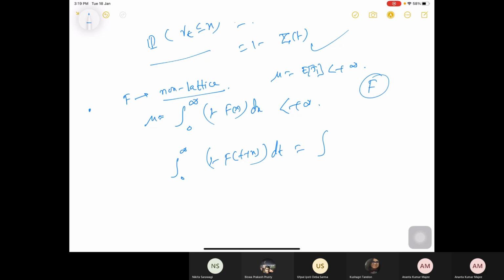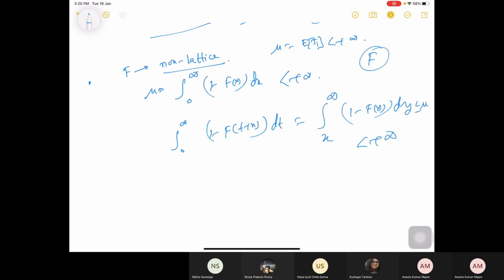If you change the variable, this is the integral from x to infinity of 1 minus F(y) dy. Now this one is finite because this is less than or equal to mu, which is finite, is it not? So why am I considering this part? Because if I try to use Smith's theorem, there I have this h(t), which is non-increasing. So now 1 minus F(x) is non-increasing.